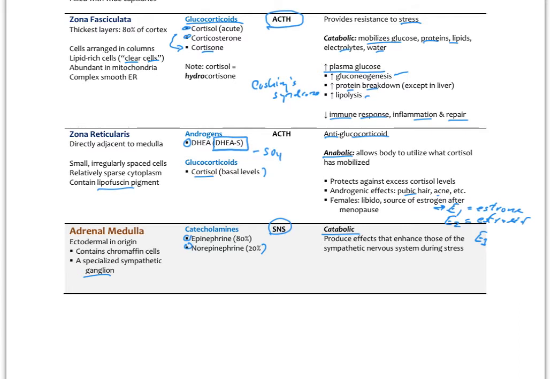Now, unlike the cortex, which has to make its hormones on demand, so there's no storage of any of these steroid hormones in vesicles or anything like that, they have to be immediately synthesized and released, versus the adrenal medulla, where you can store up the epi-norepi, and then it's going to be released when there's an acute stressor or an acute injury to the body or something like that. And then once it's released, it's going to take a little while for it to resynthesize. So you can get these bursts of adrenaline and then more of a crash of adrenaline and back and forth this way.